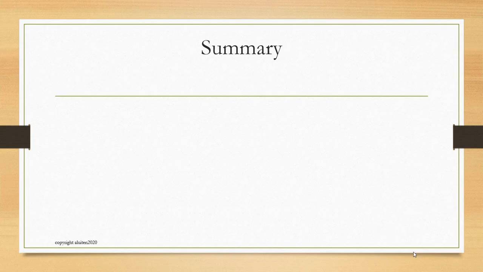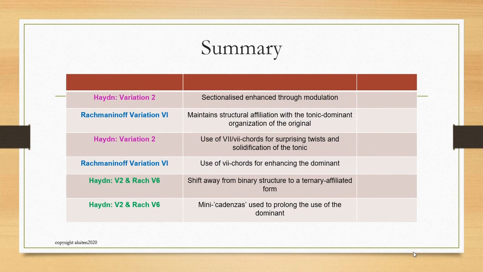While the Haydn is perhaps more explorative with the sectionalized modulations, both use the seventh chords to either bring attention to the chords that follow, or in the case of the Haydn, assist in a surprising harmonic shift. There are closer connections with the broader structure in each, and both demonstrate a similar shift away from the original source.